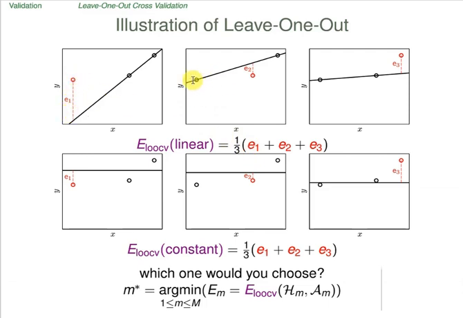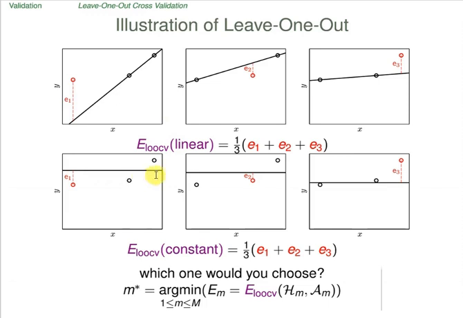In the second iteration, we leave the second point out and train our hypothesis on the other 2. Then the third case. The leave one out cross validation error of this linear hypothesis will be the average of all 3. And this cross validation error can be interpreted as how well the linear model fits the data out of sample.